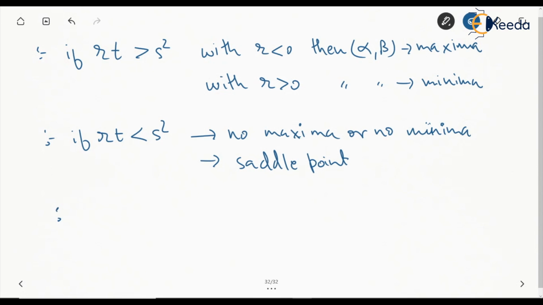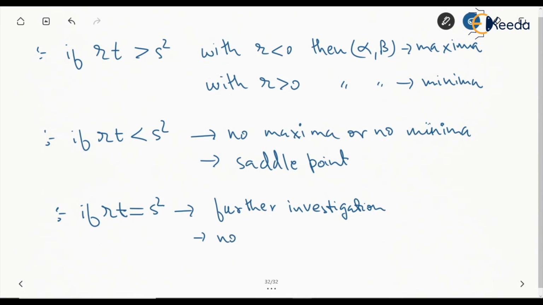And if r into t is equal to s square, you may have further investigation or no solution.